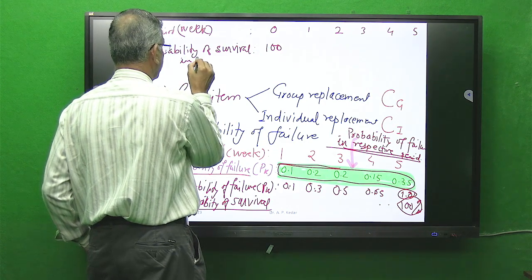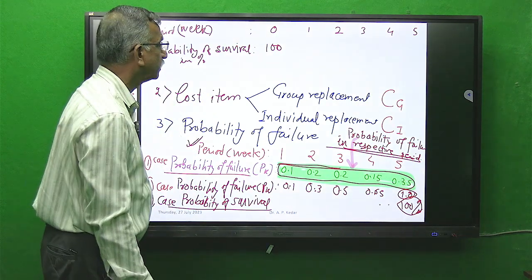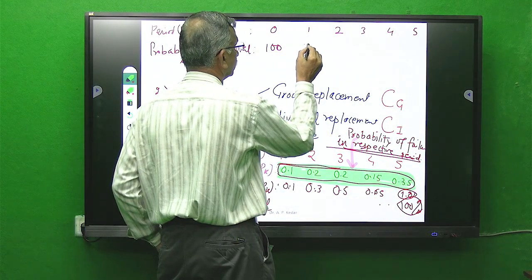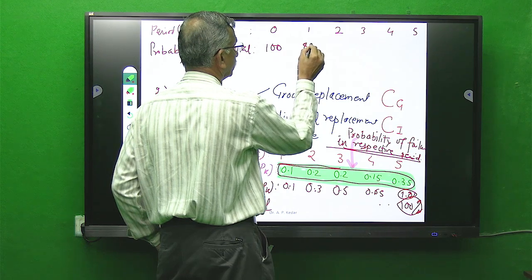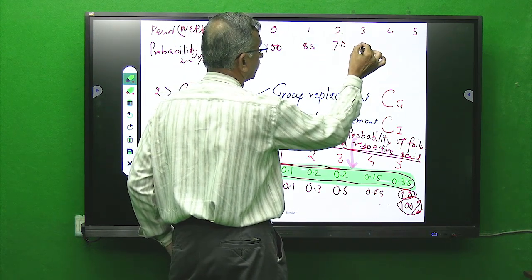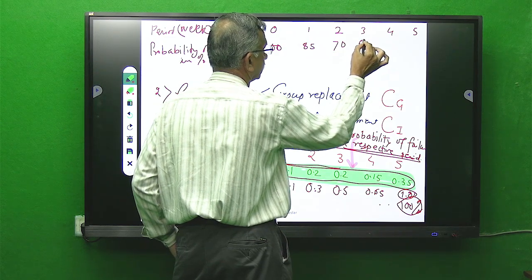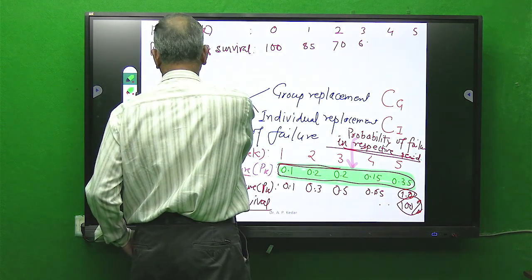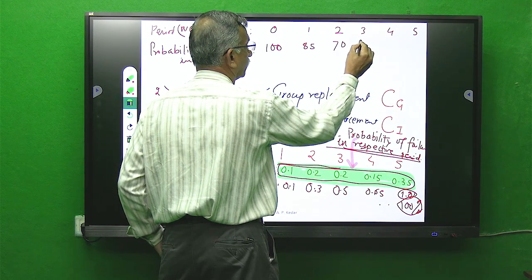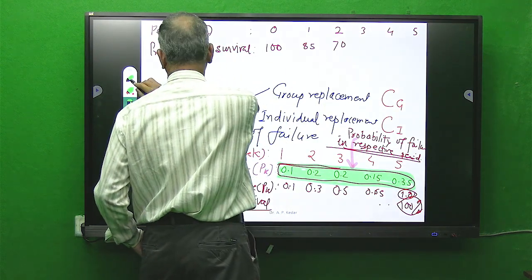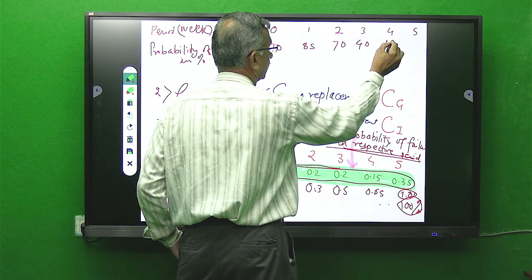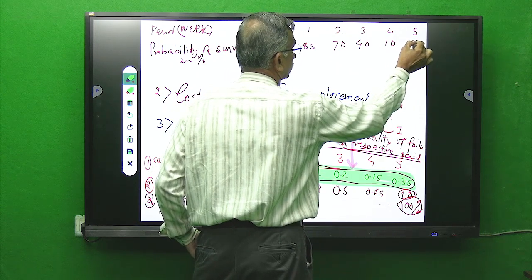So to avoid confusion, I will write here in percentage or proportion. Suppose 85, 70, then 40, 10, 3, like that.